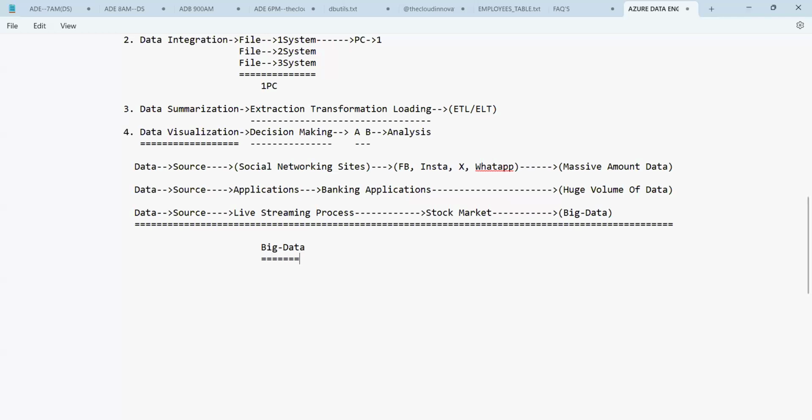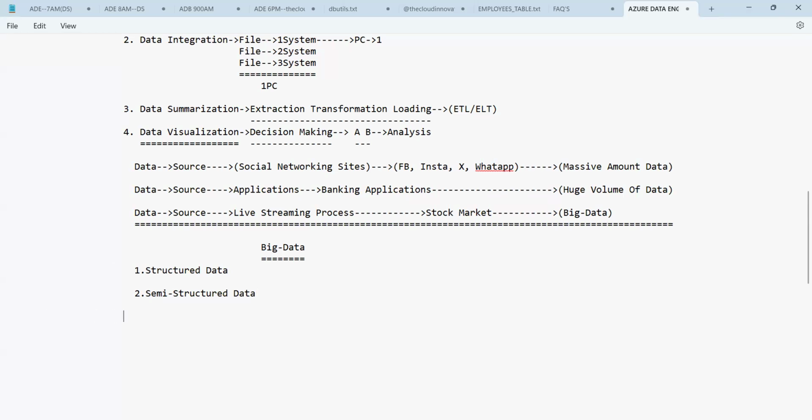Big data is classified or categorized into three categories. The first one is structured data. The second one is semi-structured data.